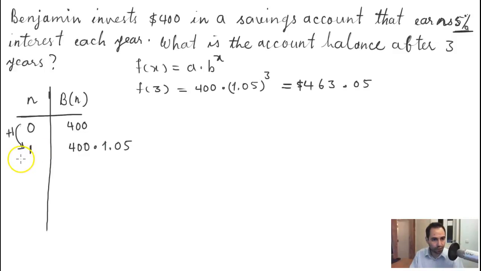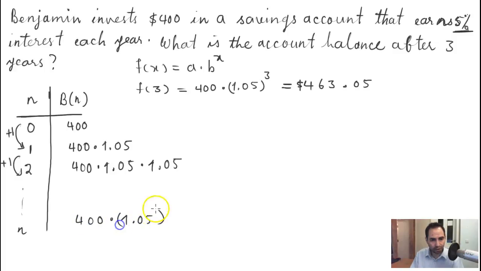After another year, so this plus 1, you have 400 times 1.05, which was the balance over here, again times 1.05. So you can see that after n years, your balance will become 400 times 1.05 raised to the nth power. And that's basically what we did here.